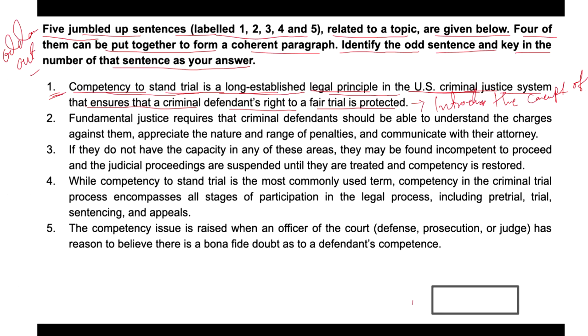Second sentence said: fundamental justice requires that criminal defendants should be able to understand the charges against them, appreciate the nature and range of penalties, and communicate with their attorney.